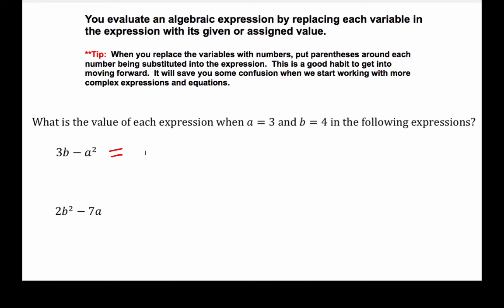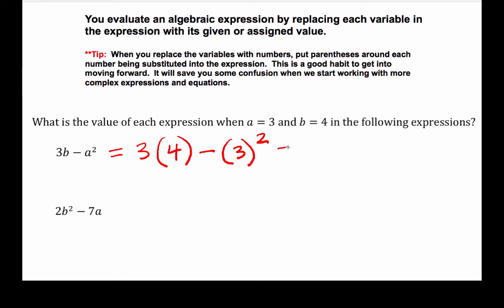So let's take a look at our first expression. 3b minus a squared. We've got the 3. We're going to take out b and replace it with (4), minus a squared. Well, a is (3) squared. So that's what our expression looks like after we've substituted the values in for the variables.